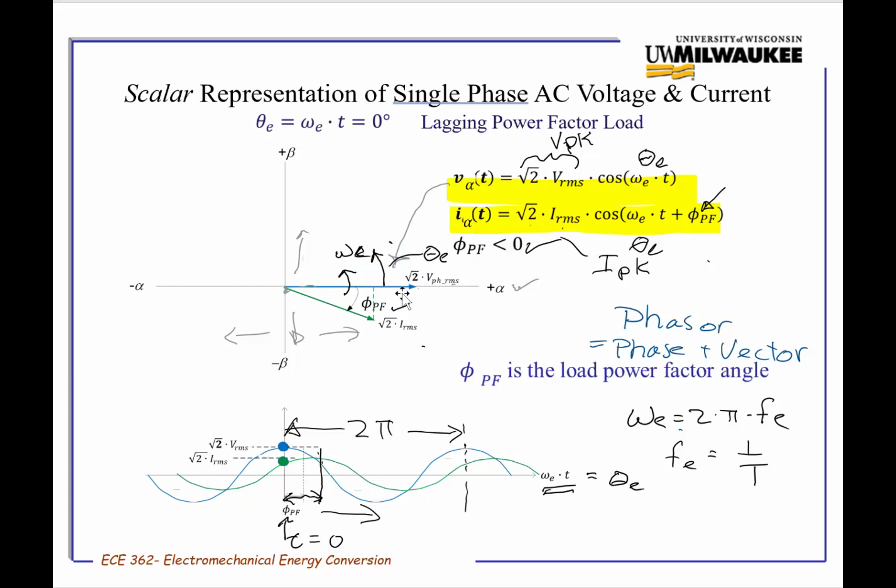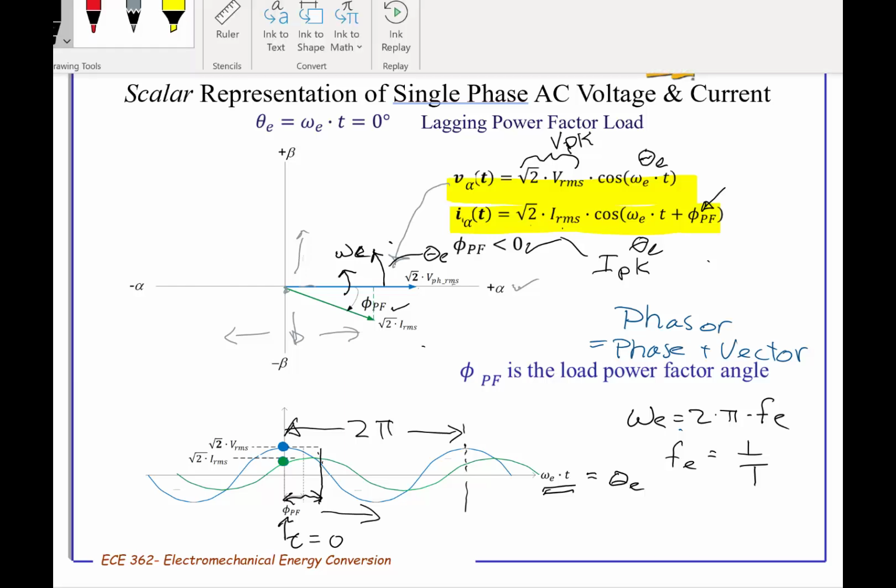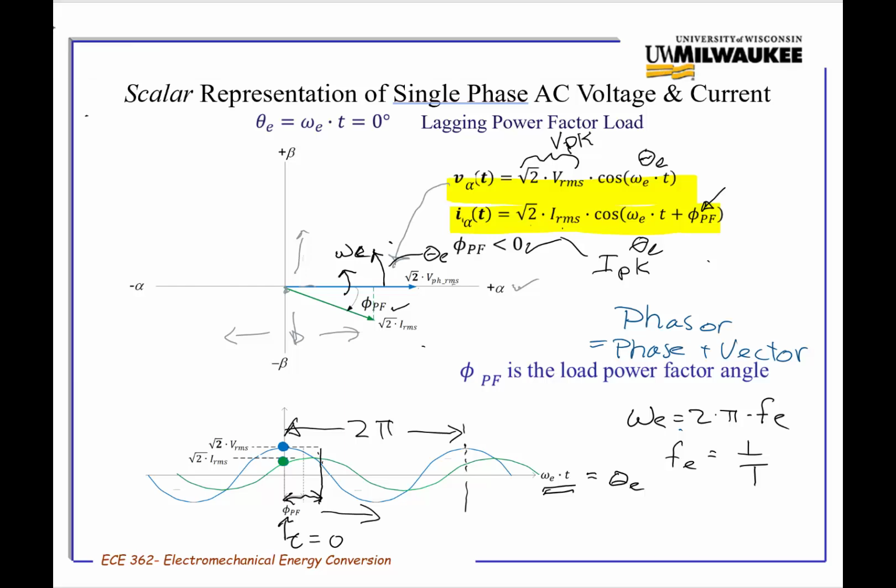To illustrate this point, if you look at the position we're at right now with these two phasors, we're at the position of theta e equals 0. And theta e, just by convention, is moving in the counterclockwise direction, very similar to the direction you'd be going in the cylindrical or polar coordinate frame.